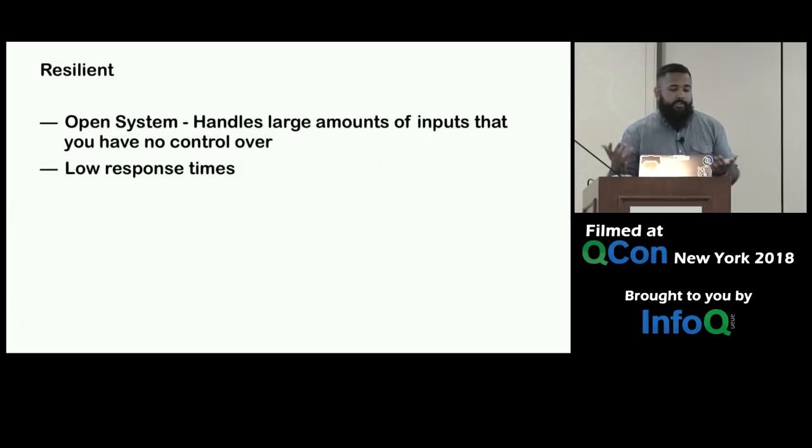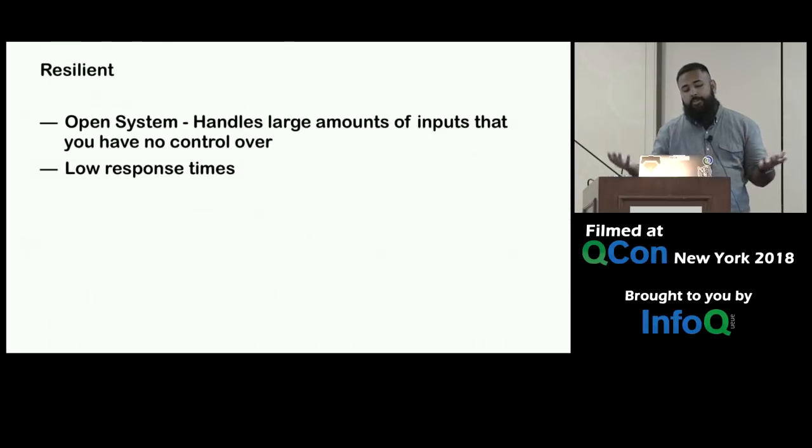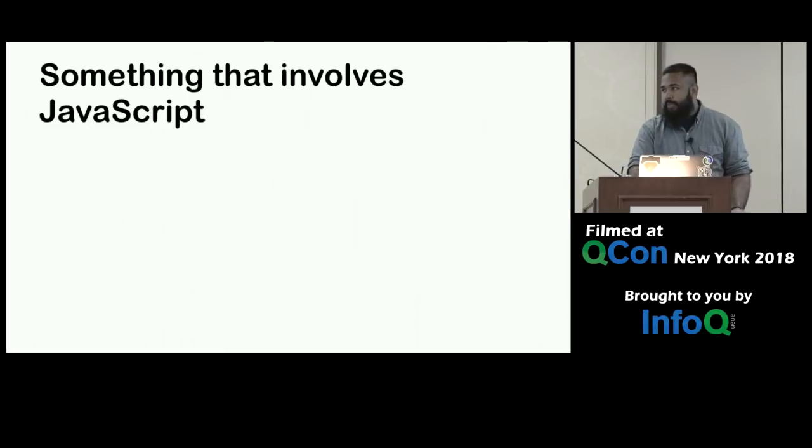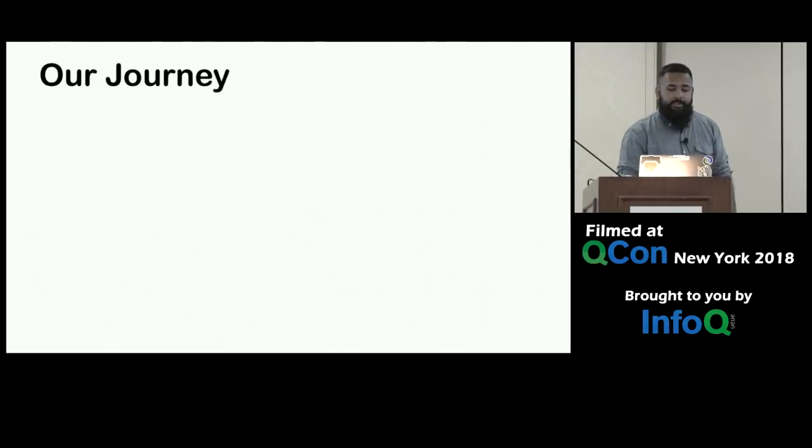We want to have some resiliency, so Clojure allows you to have an open system, just because it's a data-first language. And you probably want a quick service, right? So low response times and very responsive services. And then most likely you have to do something with JavaScript, because that's just the way of life.